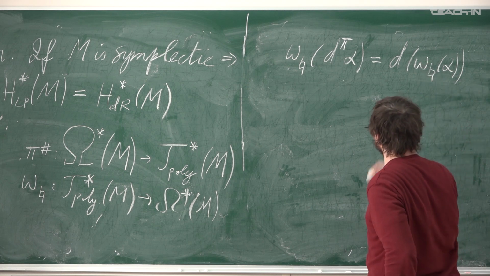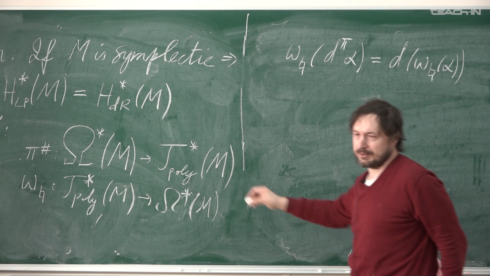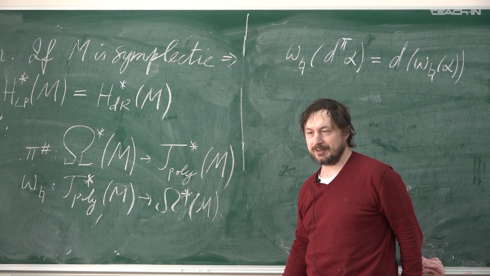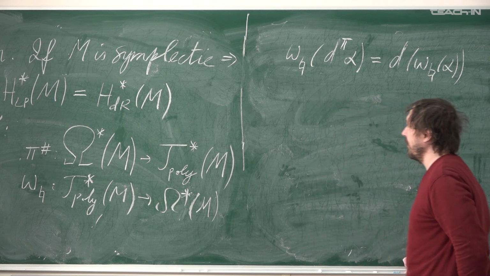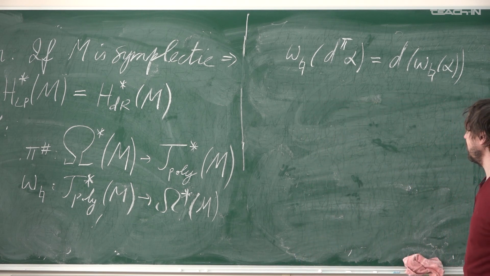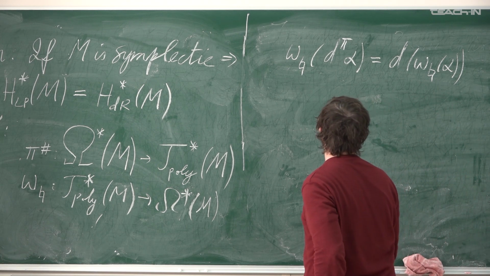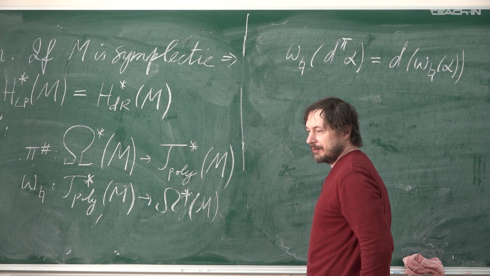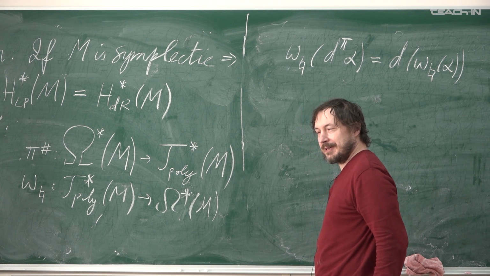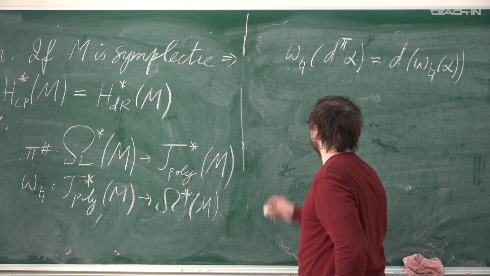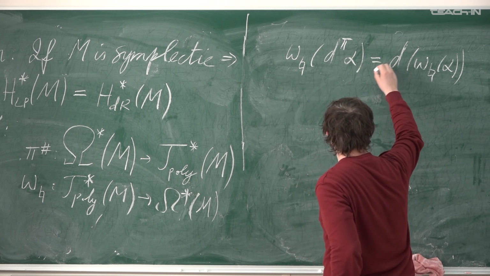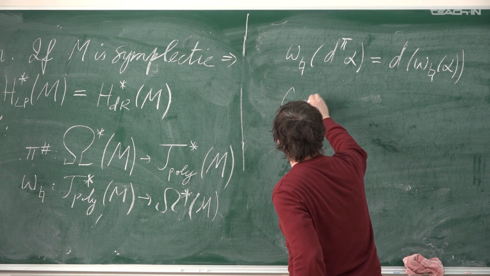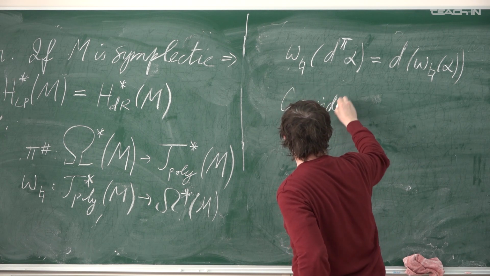So if this is true, and of course the opposite is also true because these two operators are mutually inverse, right? Omega and pi are mutually inverse. So let me check this. And I'm not going to do this in coordinates, although it is possible, but let us do this by some abstract reasoning.